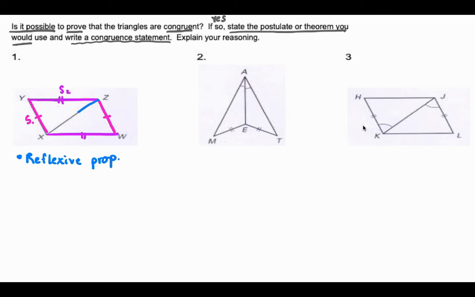I can get that this third shared side is congruent, and I now have side, side, side congruence. So this one is a yes. And we're going to write a congruent statement where we name the triangles.